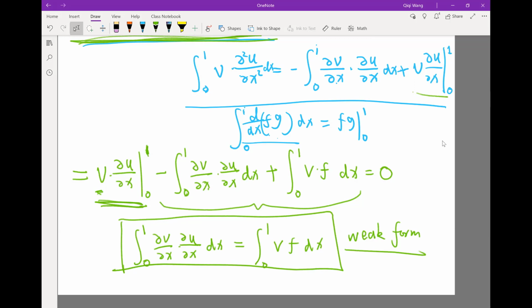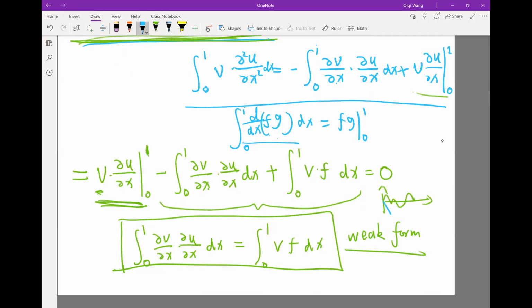So the trick here is that the weak form is also an infinite dimensional equation in the sense that it has to hold not for any x as in the strong form, but for any v. It has to hold for any v that satisfies the boundary condition. You can choose a v that is like that, and this equation has to be true.